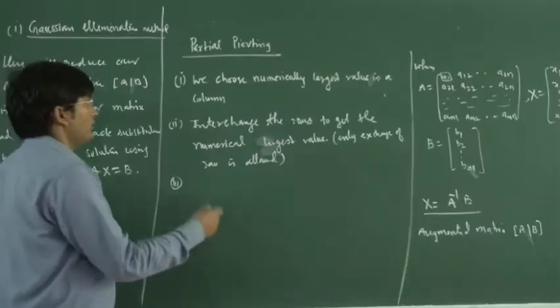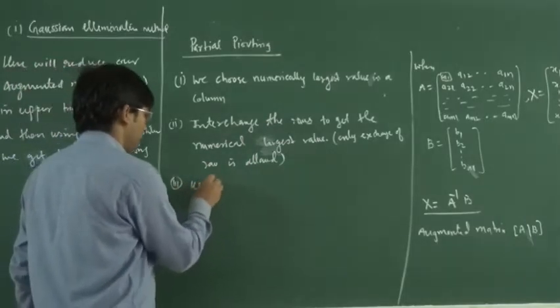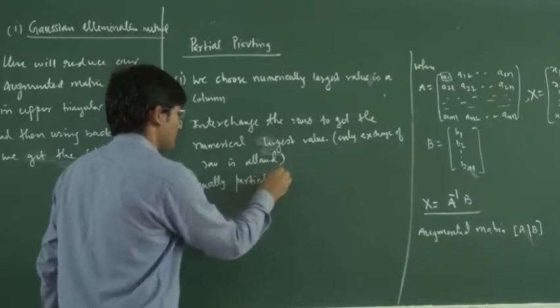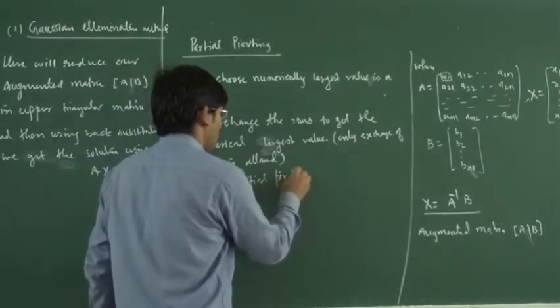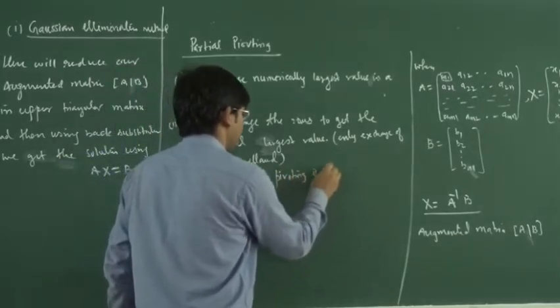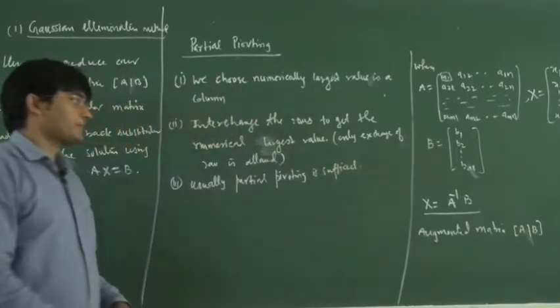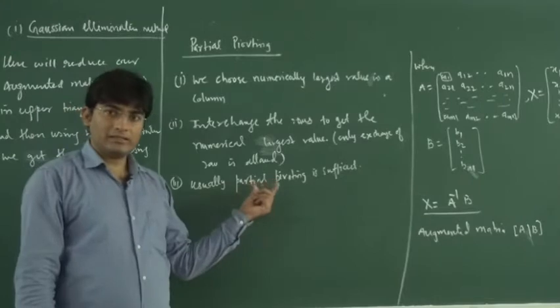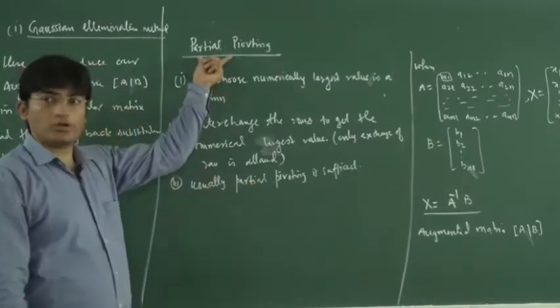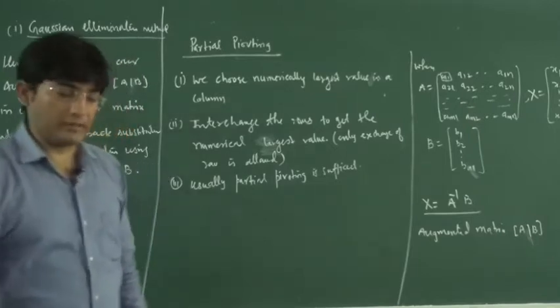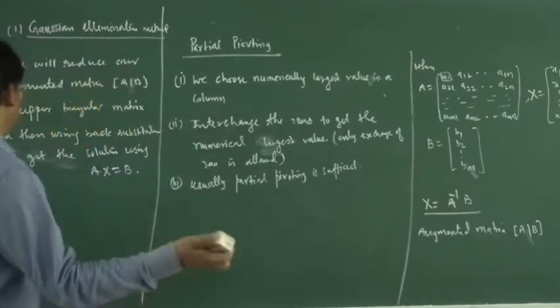So usually partial pivoting is sufficient, but in some questions we will see that this is not sufficient. That means in that case we will need complete pivoting. Now what is complete pivoting?